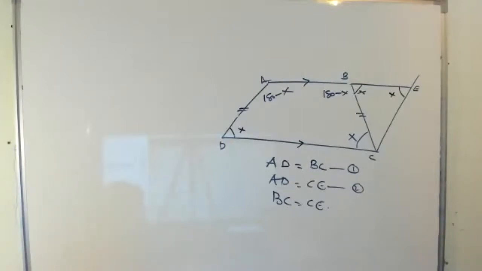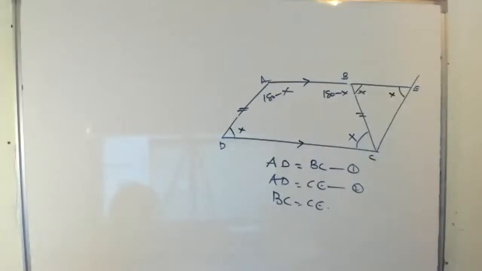Then angle A plus angle D equal to 180, co-interior angles.